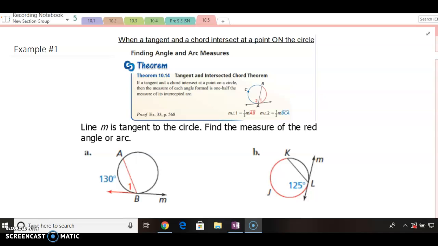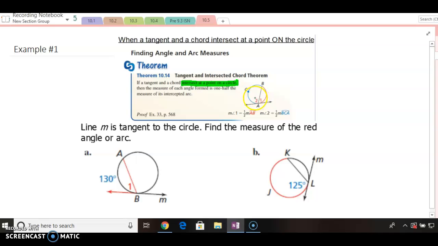All right, so let's look at this first theorem. Theorem 10.14, tangent and intersected chord theorem. This theorem tells us that if a tangent and a chord intersect at a point on the circle, that's kind of the key here, then the measure of each angle formed is 1/2 the measure of the intersected arc.